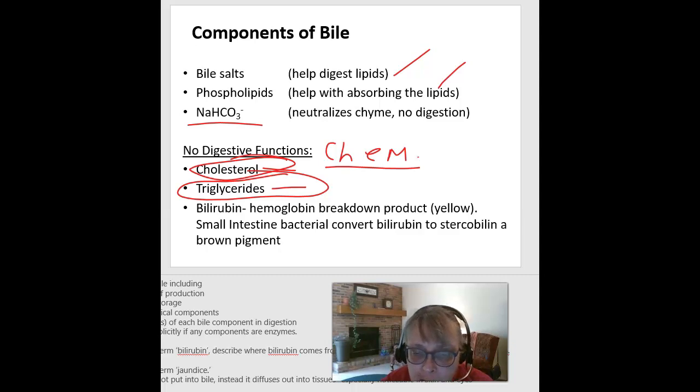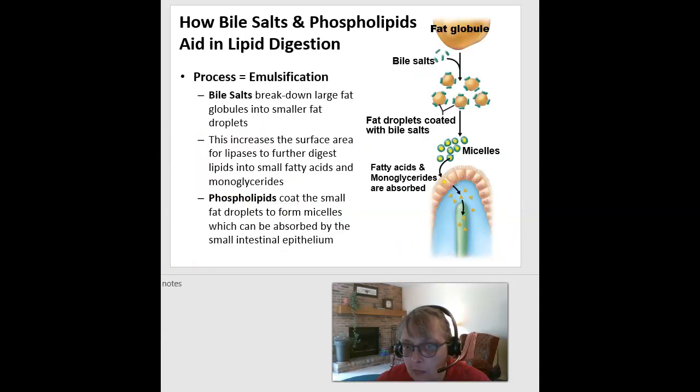Here's how bile salts and phospholipids work to help us break down fats. The process is called emulsification, so you're emulsifying fats. So if the small intestine receives a big fat globule, the bile salts, because they're ions, can kind of break that up into smaller globules, and they coat the globules.